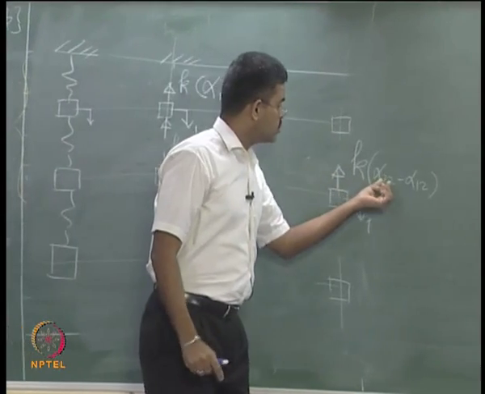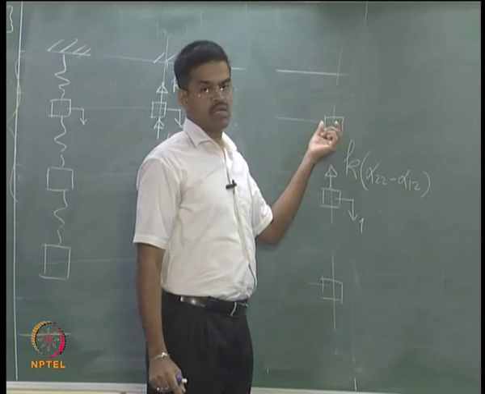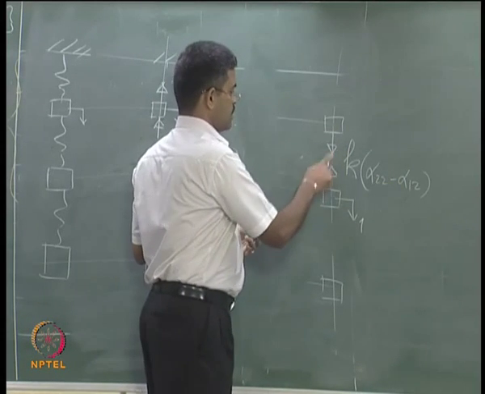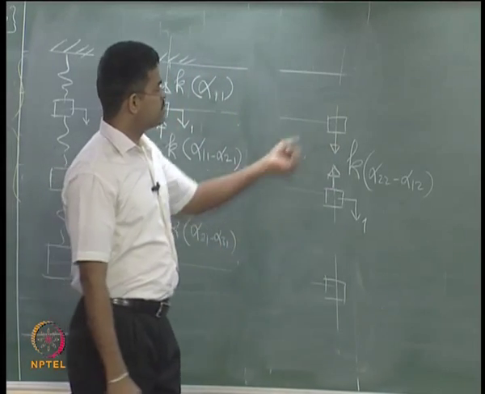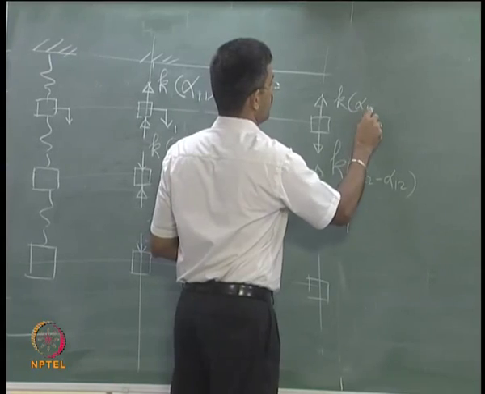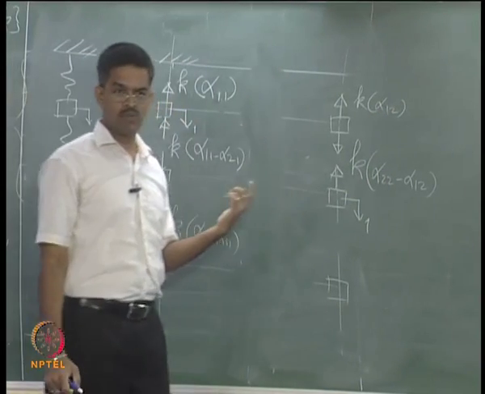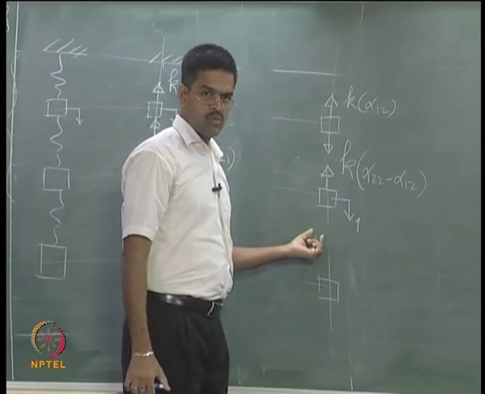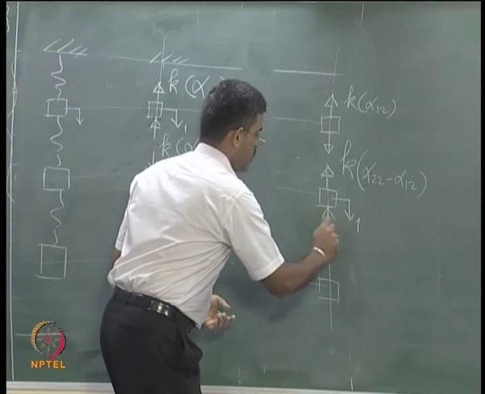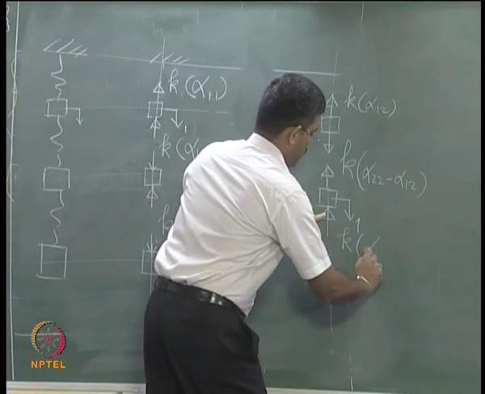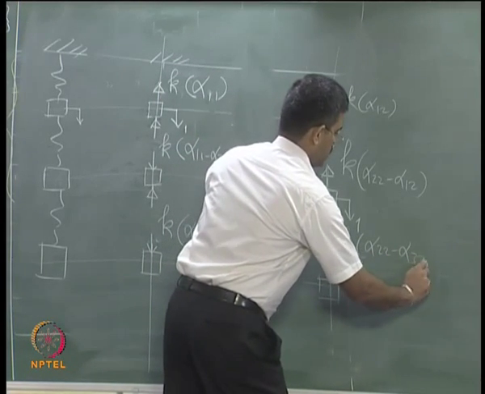The first value is what you write here, the second is what you write later, and put the reverse condition here like this. When this mass moves down, this spring will again pull it up, so k of simply alpha 1 2, because there is no relative displacement of this. When this mass is moving down, this spring will try to oppose this. So this value will be k times alpha 2 2 minus alpha 3 2.